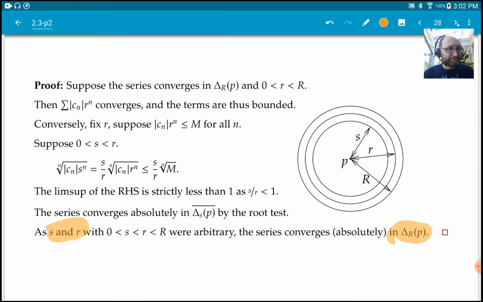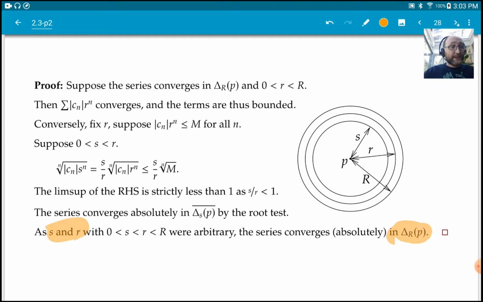That way we get convergence everywhere. If I want convergence at some z, I can pick an S that's equal to the distance of my z to p, and then I just need to pick a little r that's between that S and the capital R.